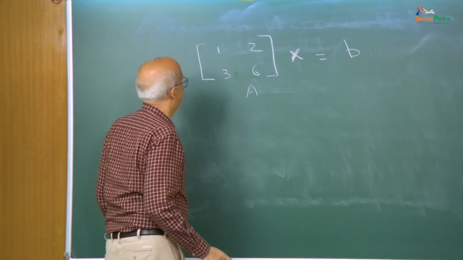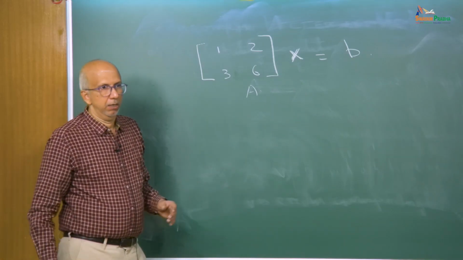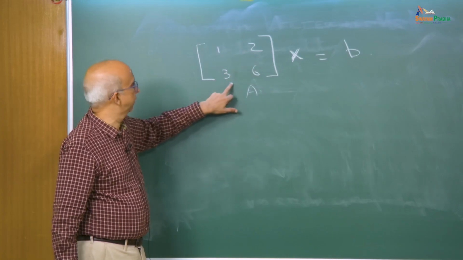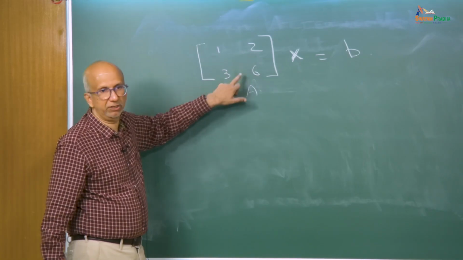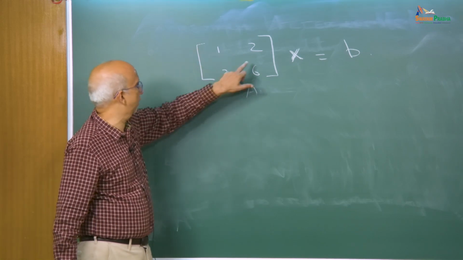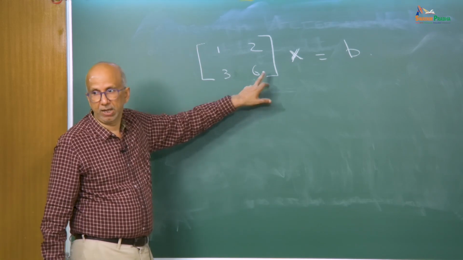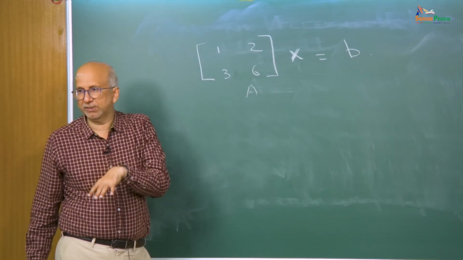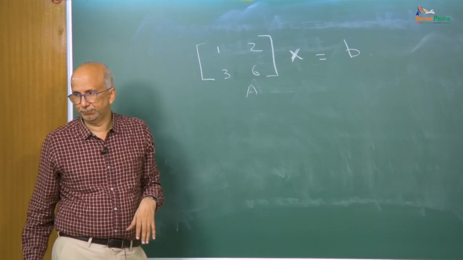You can see that this particular row is dependent on this one: 3 times this row gives me this row, or 2 times this column gives me this column. So, there is a dependency, and that is basically what is causing this lambda equal to 0.